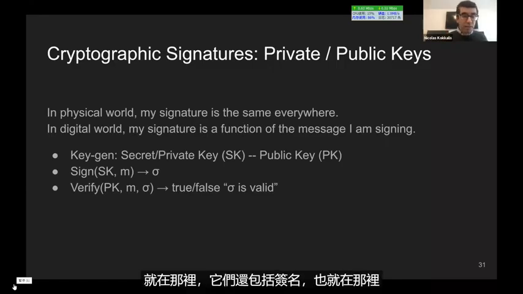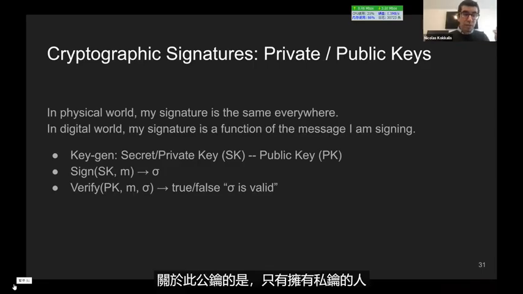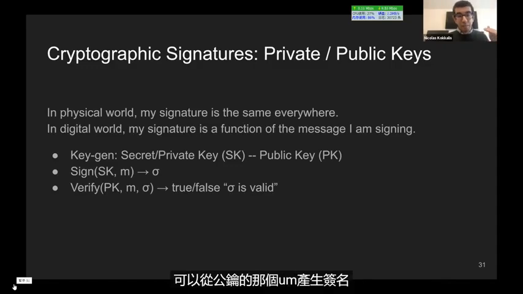It's also right there. And the public key can also be right there or claimed by the owner. The interesting thing that I was saying in the previous lecture about these public keys is that only the person who has the private key can produce signatures from the public key of the corresponding private key.